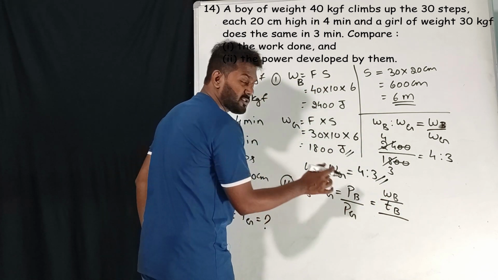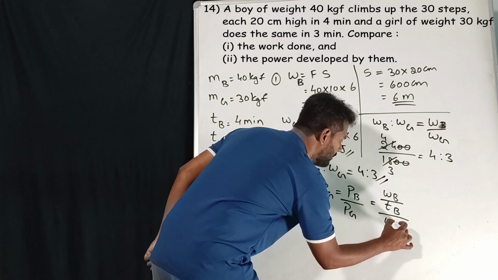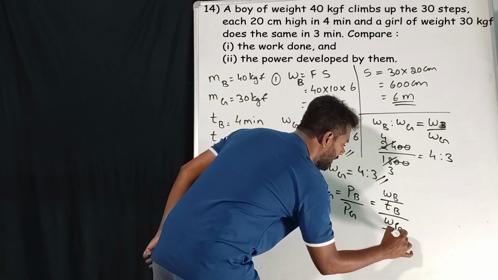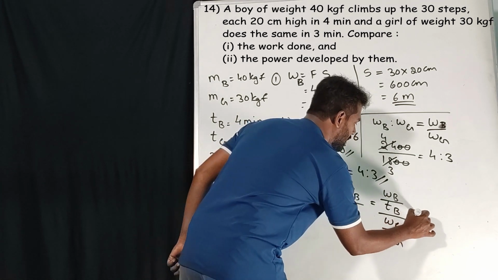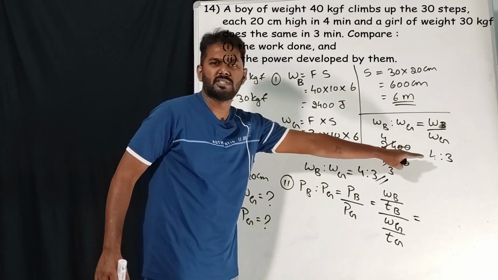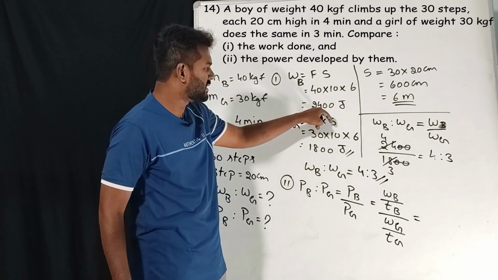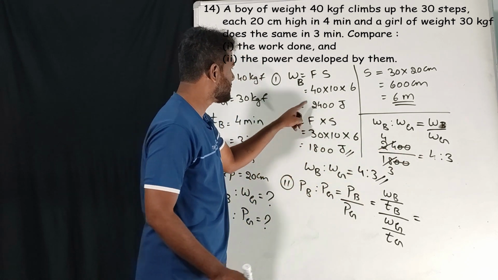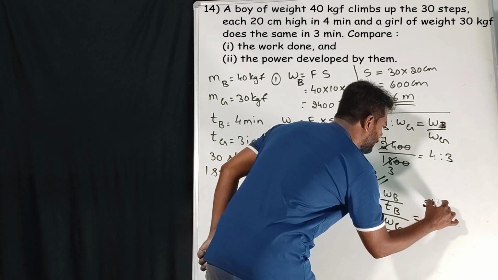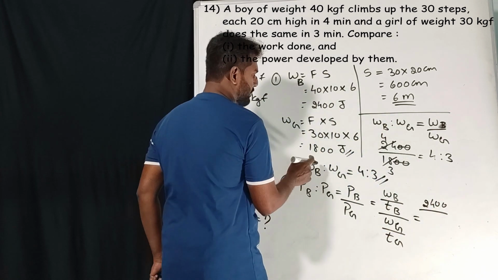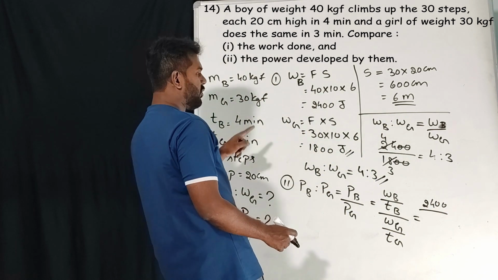What is power spent by the girl? Work done by the girl divided by time taken by the girl. See, don't use this value, you will get confusion. Directly use this value only. Work done by the boy is 2400 divided by time taken by the boy, that is 4 minutes.